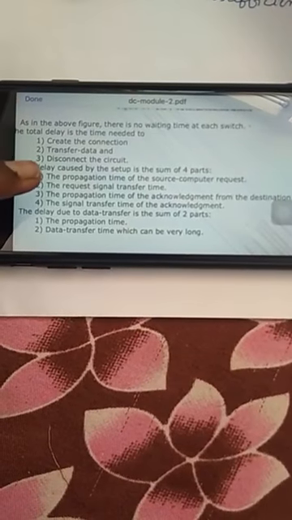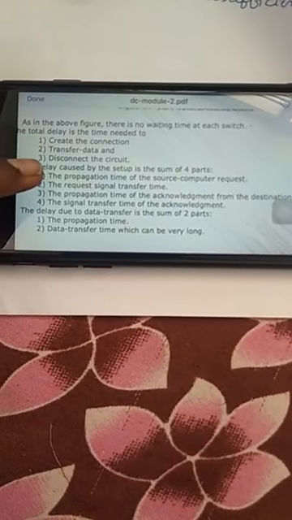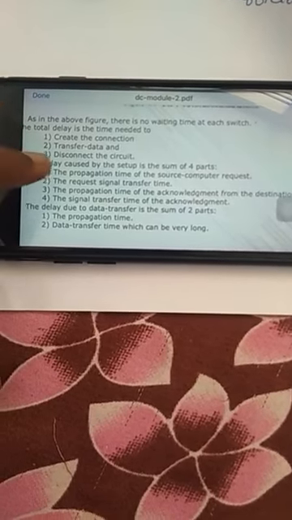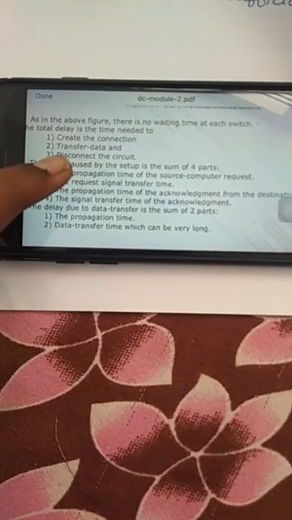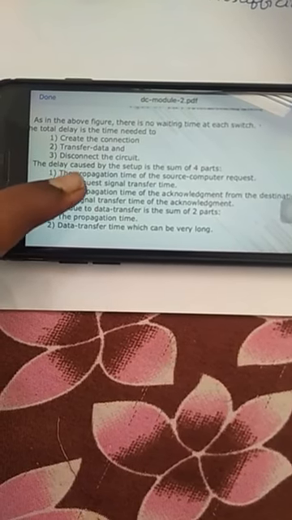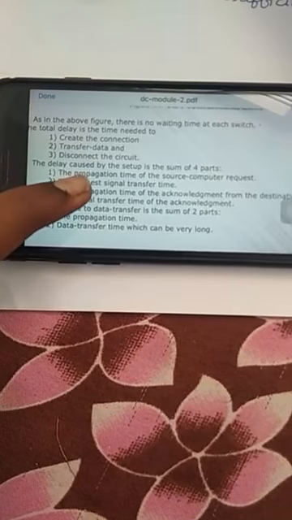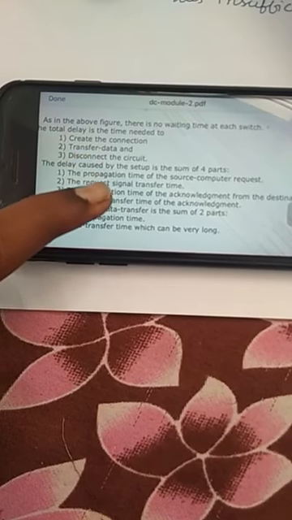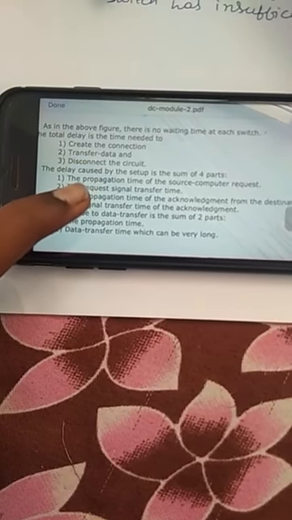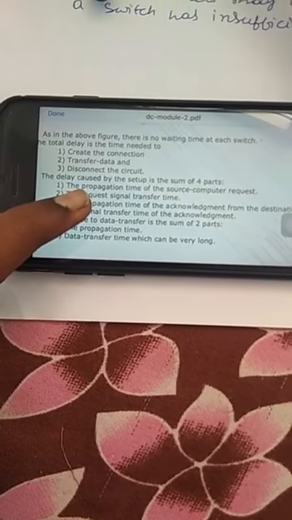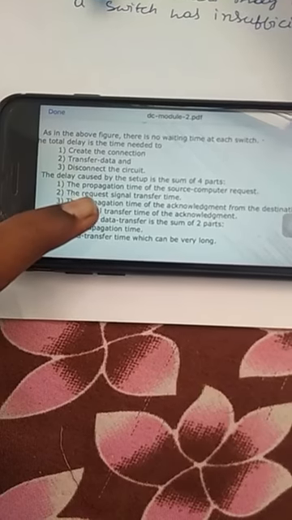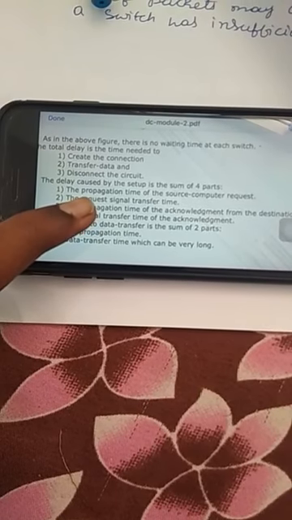The delay caused by the setup is the sum of 4 parts. These are the 4 parts that may cause delay. One is the propagation time of the source computer request, the time to send the source request.